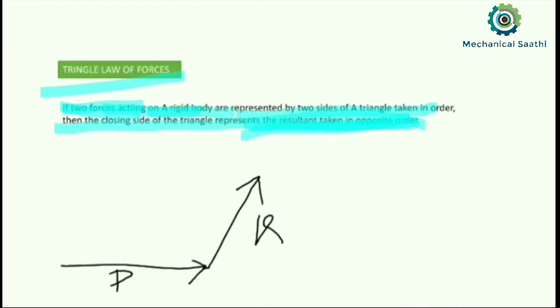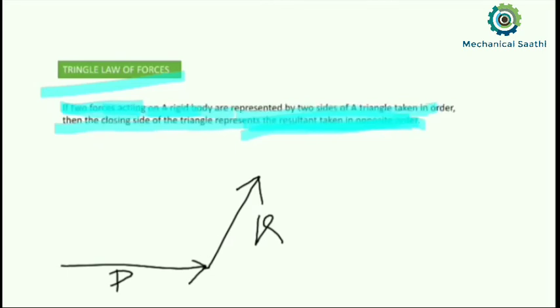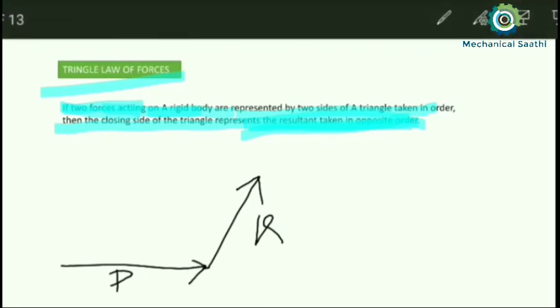If it is happening like this, then the resultant of this kind of system will be the closing side. If these are the two sides of a triangle, then the other side which closes this triangle is the resultant of these two forces, and it should be taken in the opposite order.